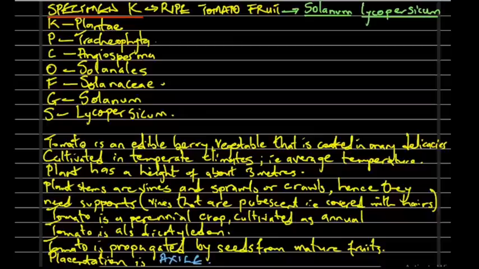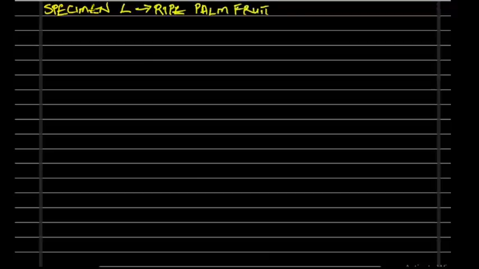So we'll move over to the next specimen now, which is specimen L. Specimen L is the ripe palm fruit.